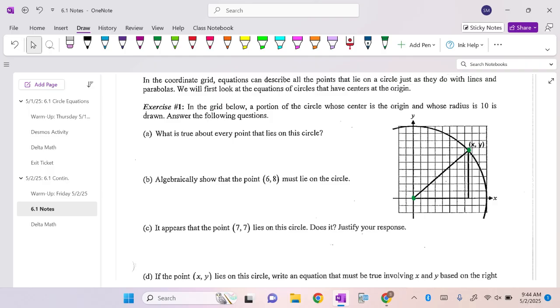If a point lies on the circle, it can be used at any time to create a radius, as long as it goes from the point on the circle to the center of the circle.